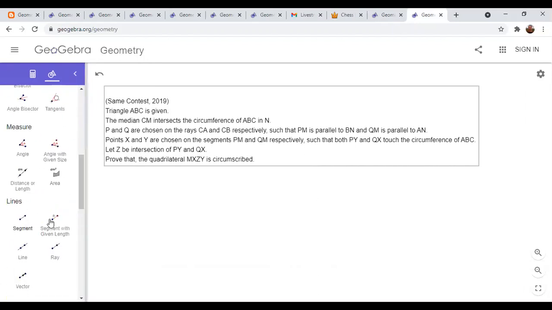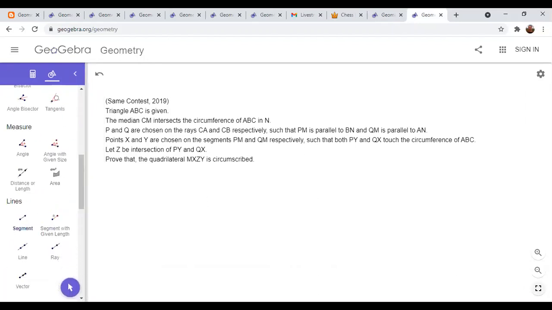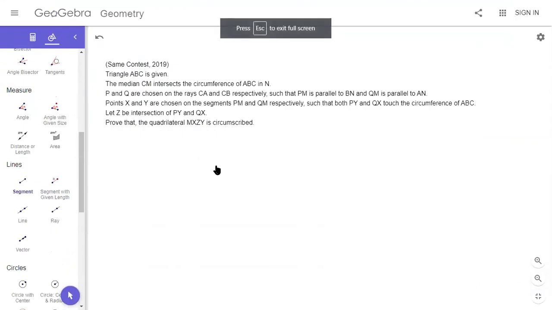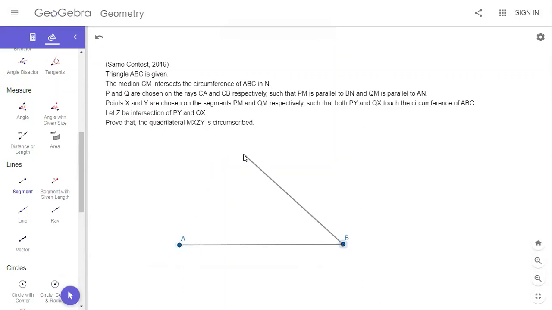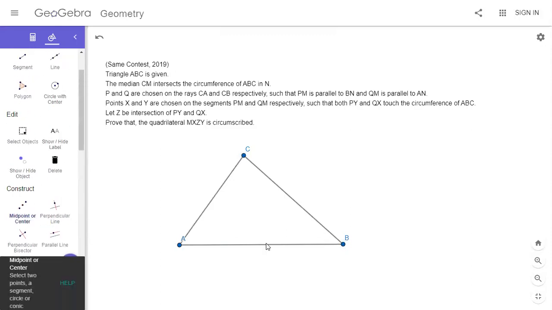Triangle ABC is given. That's weird. This contest likes to put C at the top. So we have the median CM.